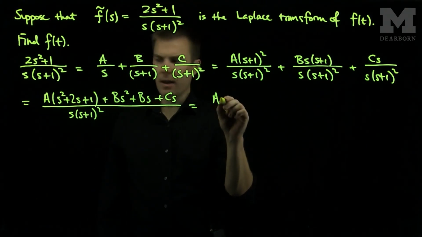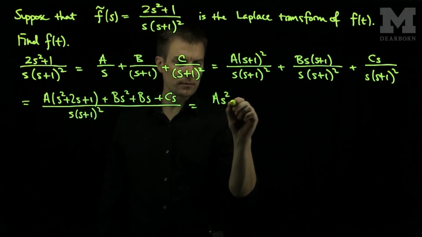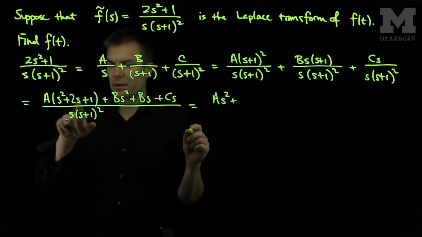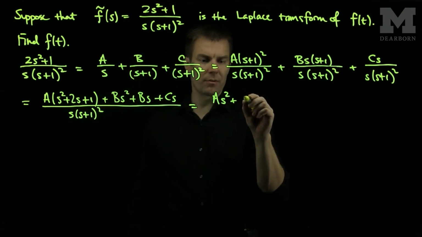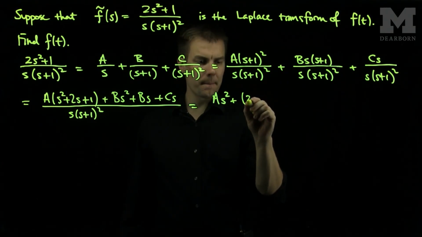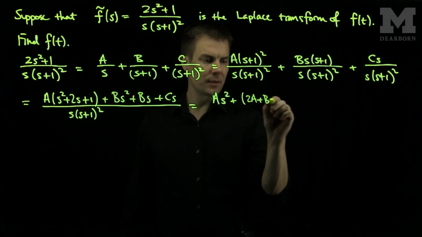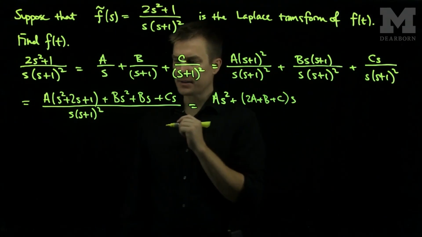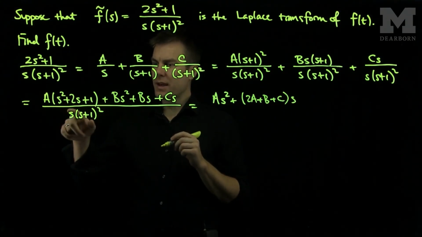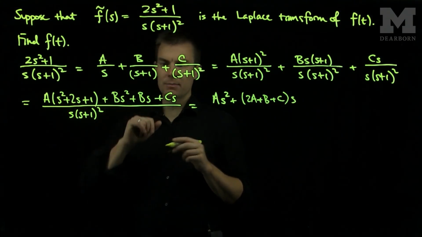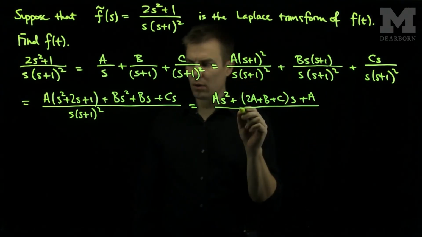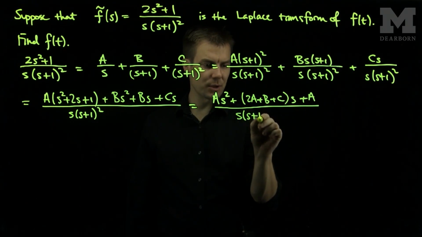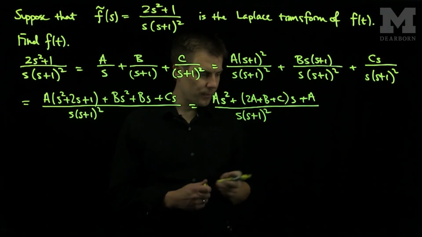This will be (a plus b) s squared plus, now I'll have a 2as, a bs, and a cs. So I'll have plus (2a plus b plus c) s. And finally, the only constant term I have is this a times 1, so I have plus a, all over s times (s plus 1) quantity squared.